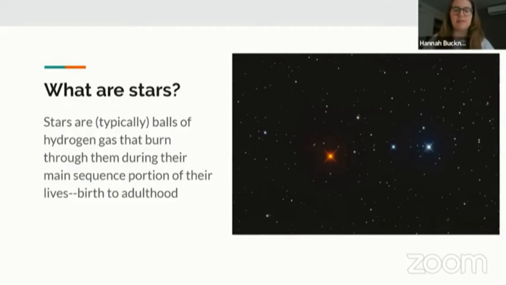A star that's in main sequence will have majority hydrogen gas, and as it keeps burning its gas, it will actually form new elements. And if you're not really sure what an element is, they are the foundations of matter. They are composed of subatomic particles called protons, neutrons, and electrons.